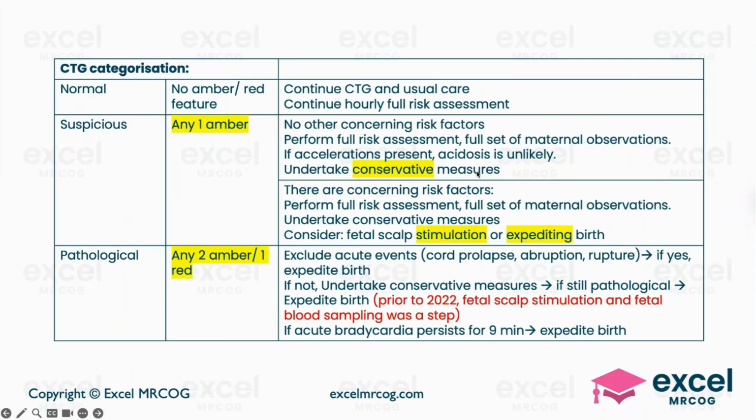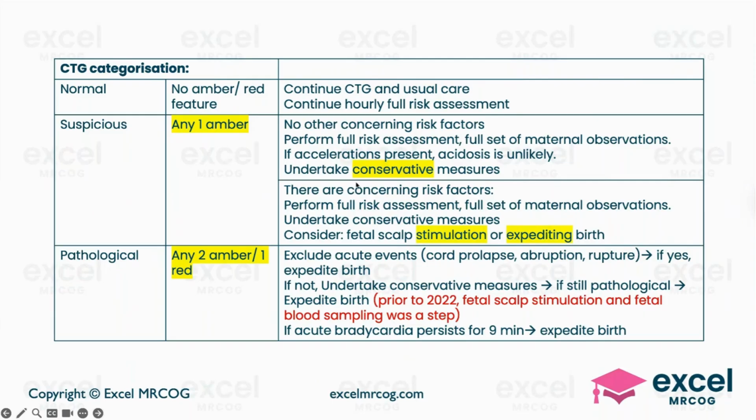There are four underlying reasons. Can someone name them? Four underlying reasons that you want to correct. Okay, never mind. We will see as we go through the assessment what conservative management measures are. So you do a full risk assessment.